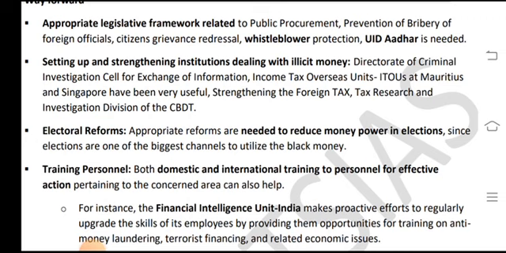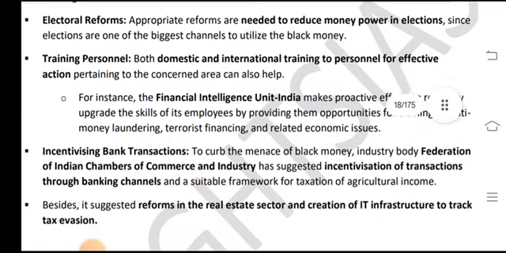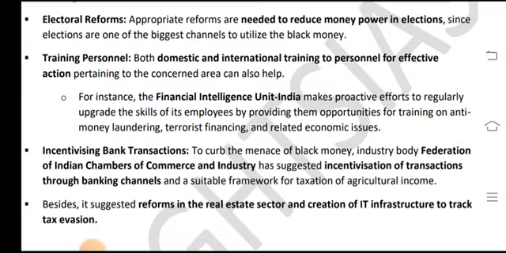CBDT. Electoral reforms: appropriate reforms are needed to reduce money power in elections, since elections are one of the biggest channels to utilize black money. Training personnel, both domestic and international, for effective action pertaining to certain areas can also help.